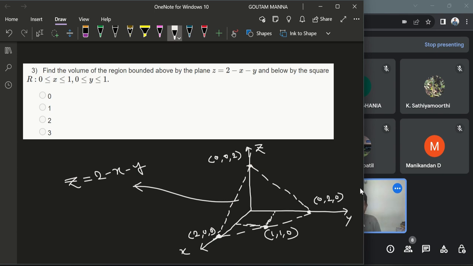Okay, this point lies on this plane. So the region we have to integrate is basically this, this is the plane.